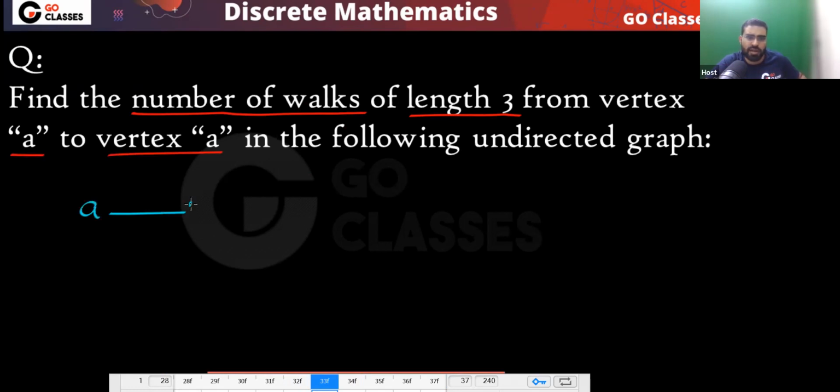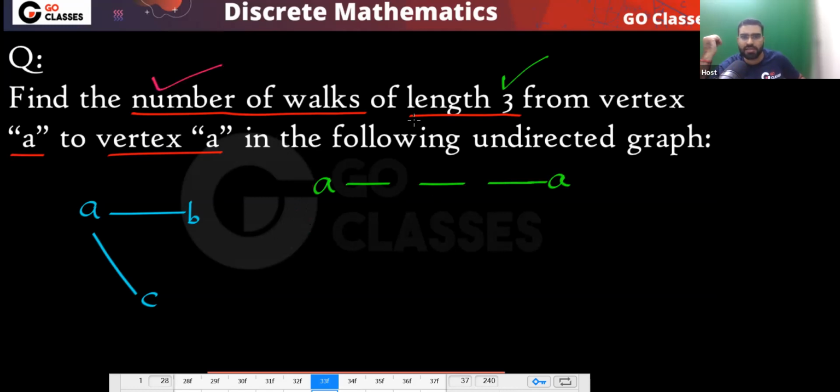I am giving you one undirected graph with A, B, C. From A, you have to go to A and you must visit 3 edges. So tell me, how many walks of length 3 are there?